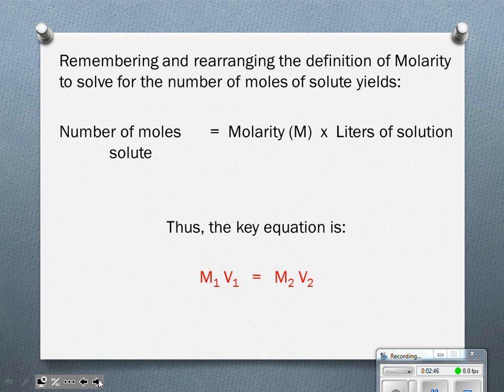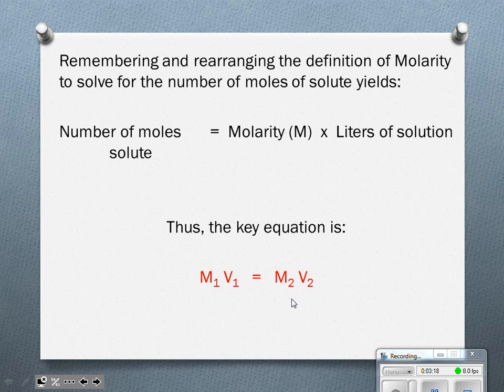In your math, they'd explain it to you as A is equal to B, and then B is equal to C. Therefore, A is equal to C. Correct? That's the same thing here. M1V1 is equal to a number of moles. This M2V2 is equal to the same number of moles. Therefore, they're equal to each other.